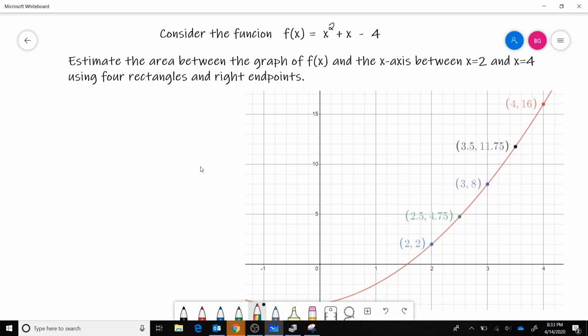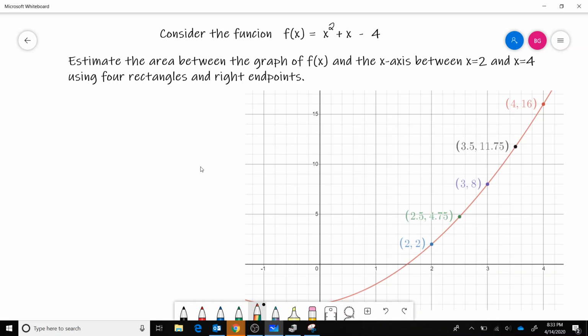So this one says, consider the function f of x equals x squared plus x minus 4. So that would be a parabola shape, and I've already gone out on Desmos, and that's what this graph here is showing, that function. It says estimate the area between the graph of f of x, well that's the red shape we're looking at here, and the x-axis. Okay, I know where the x-axis is. It's right across here.